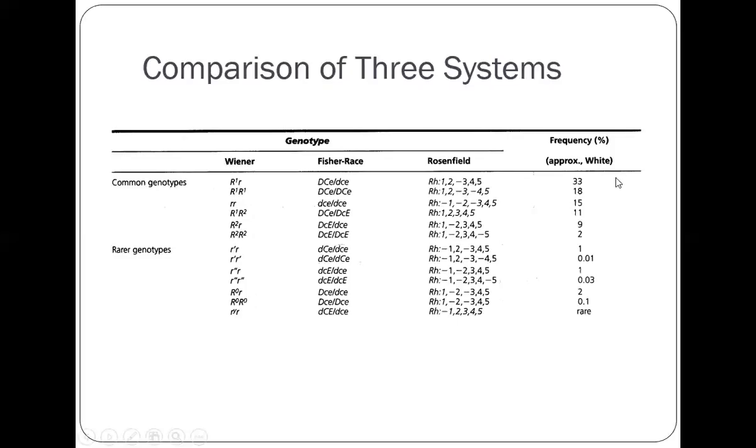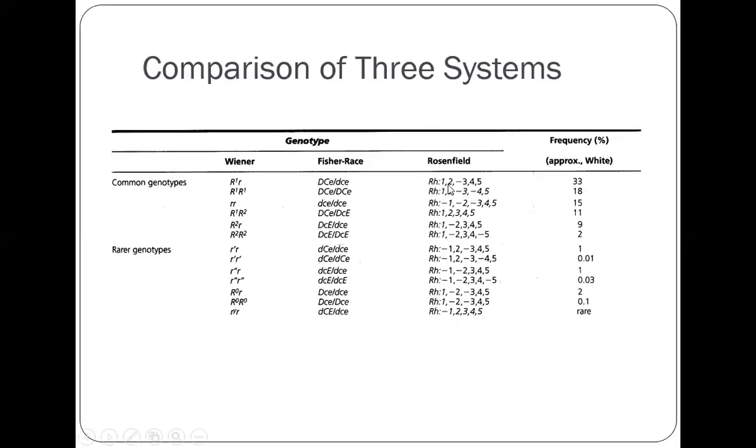Also on the right side here, it tells you the frequencies. So I had mentioned before that R1, little r, is the most frequent genotype expression in whites. So you'll see 33% will actually have this on their red cell.